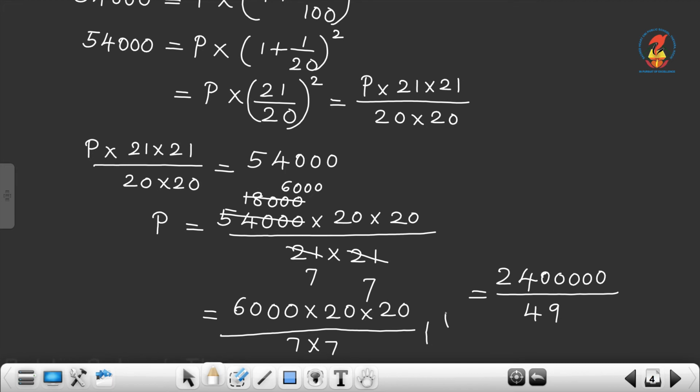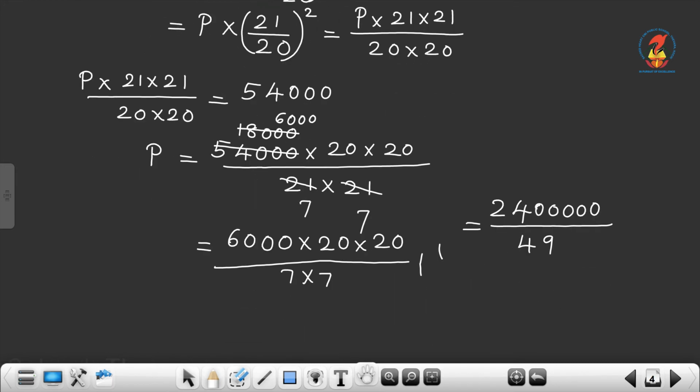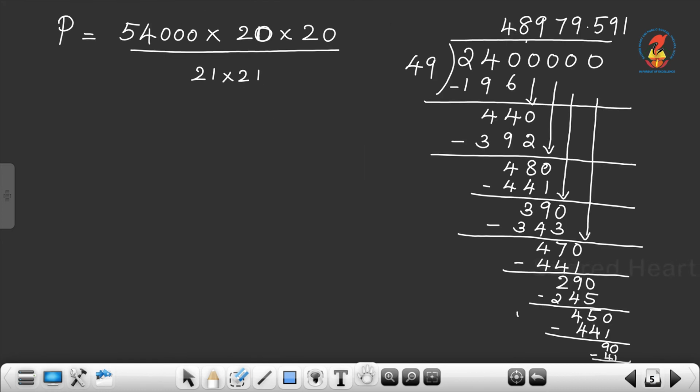So we have to find out, now, look at that. Here when we do the calculation, when we divide it, we will get like this.